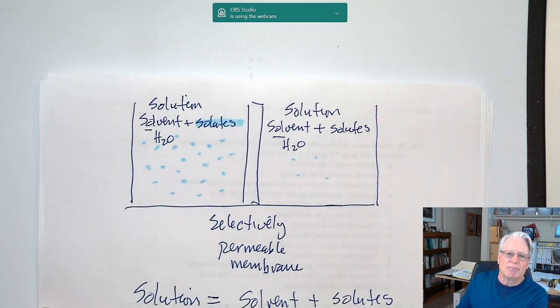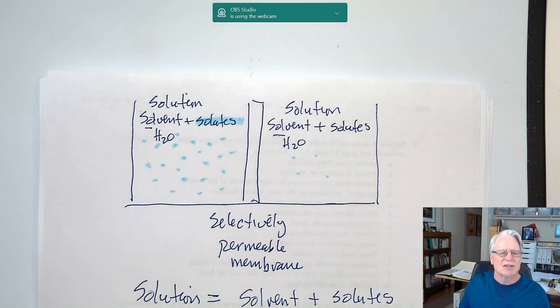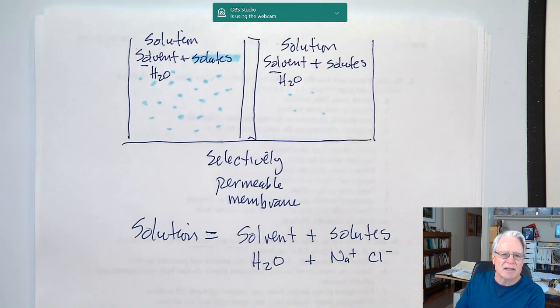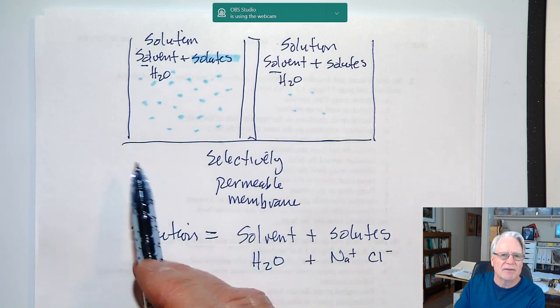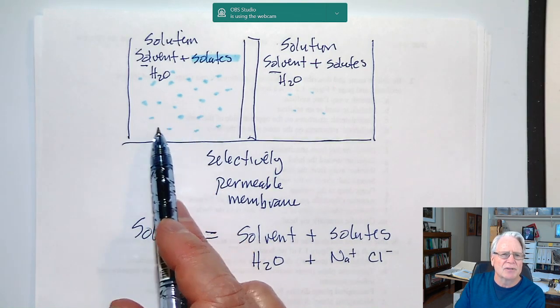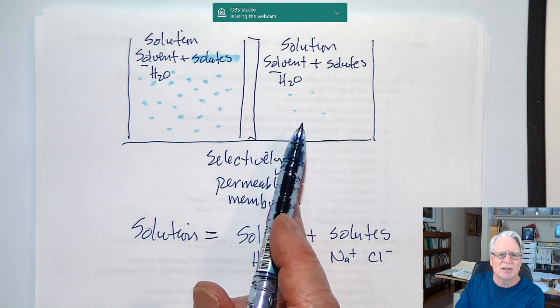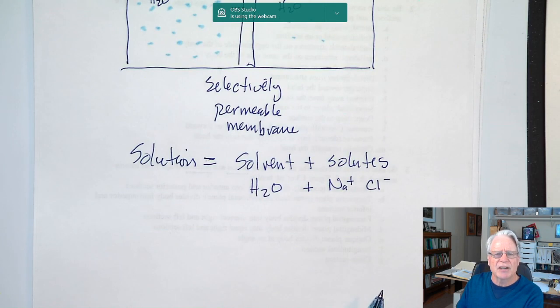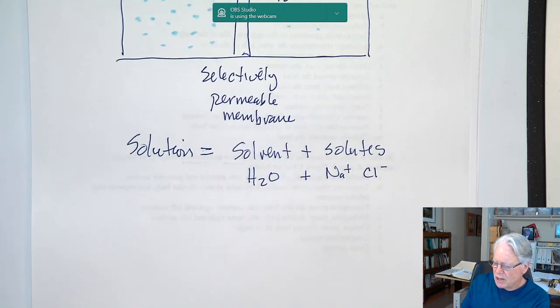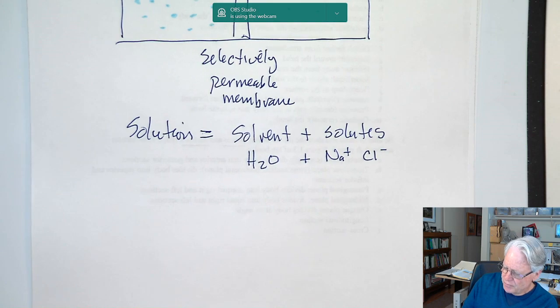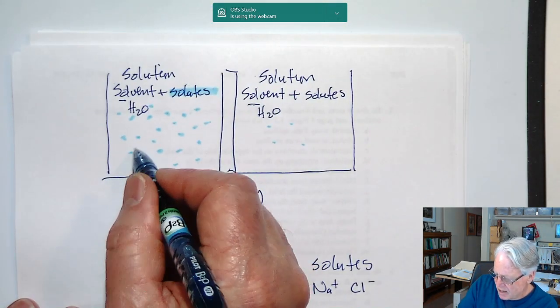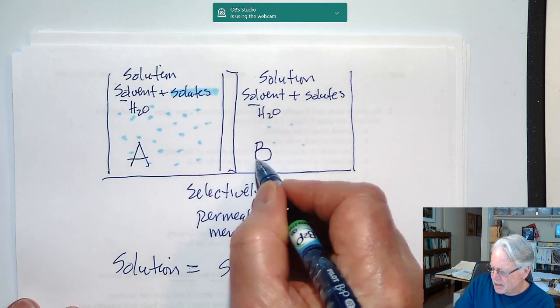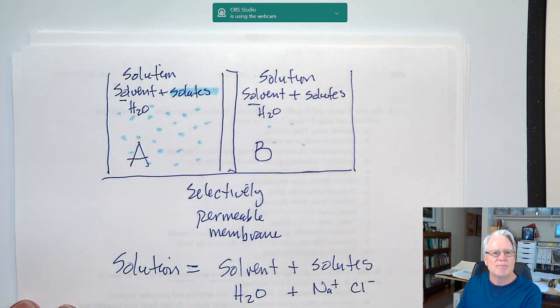I'm going to answer that, but there is an easy way to think about this, which I'm going to show you right now. So the easy way to think about this is to remember that this is an equation, a solution, that this is an equation here. And I have a solution on this side and a solution on this side. And so the easiest way to figure out if there's a difference in concentration of water is to use this equation. So I'm going to call this side A, and I'm going to call this side B. Okay?